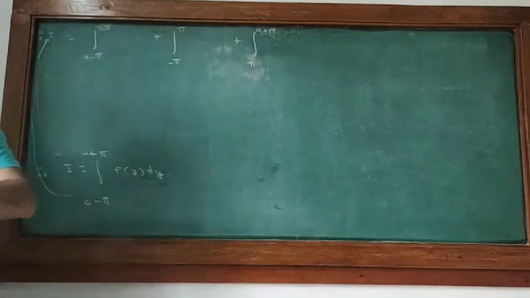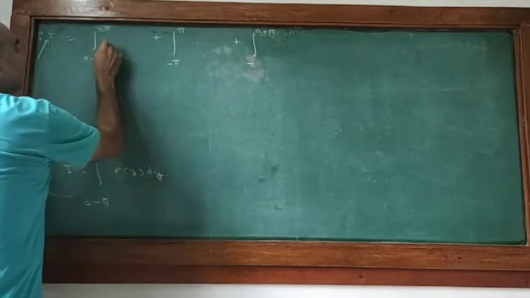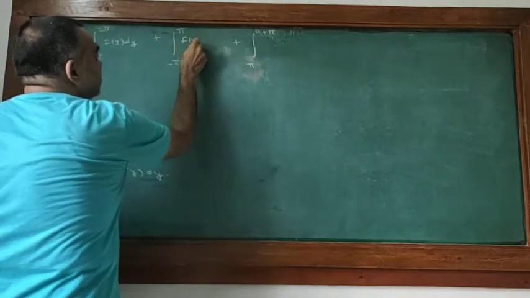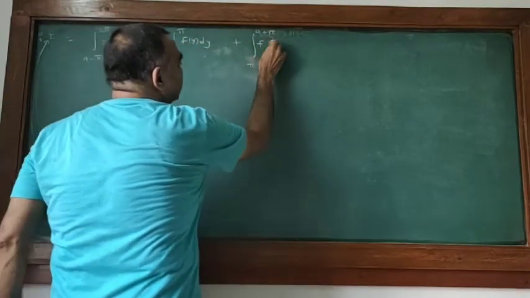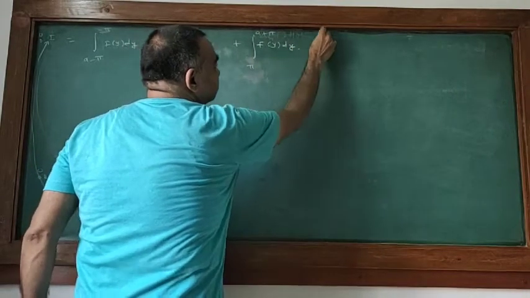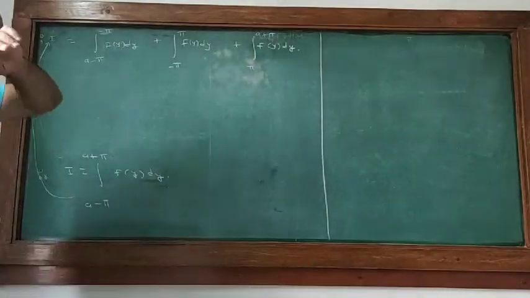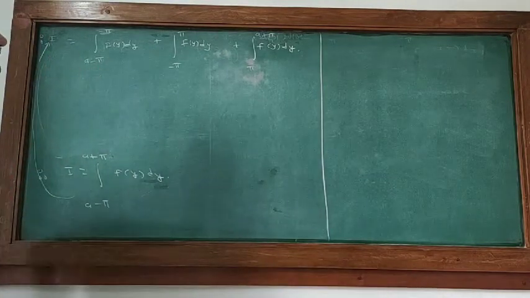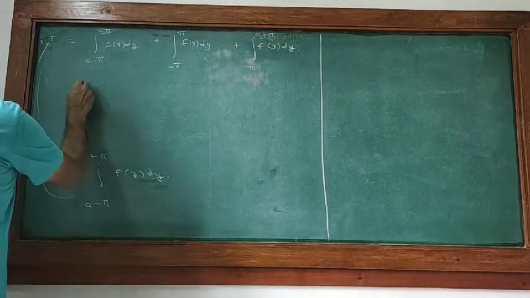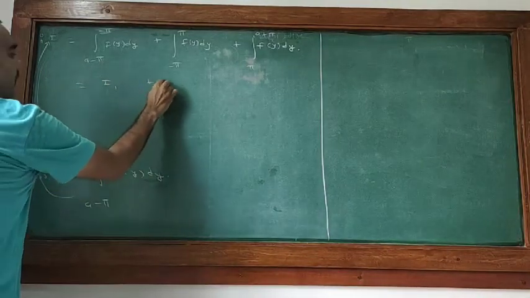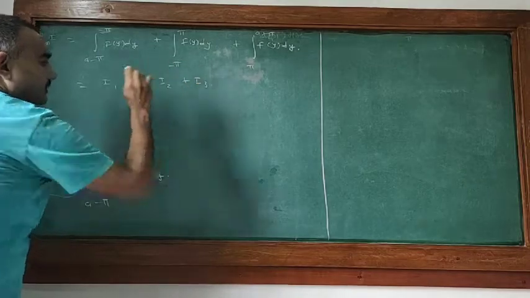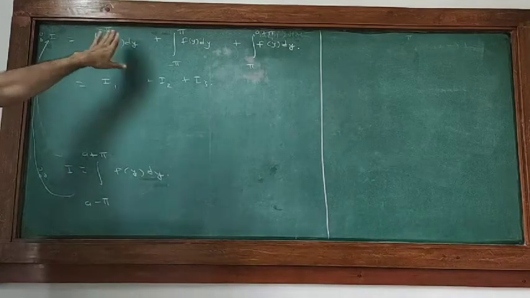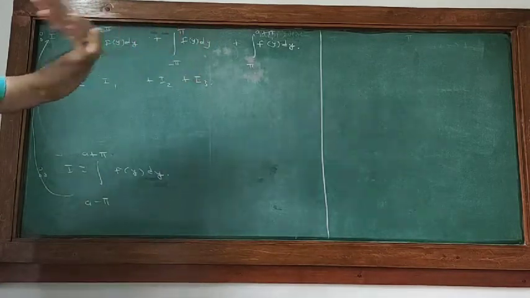I think you understand. Now I am writing the remaining part: f of y dy, f of y dy, f of y dy. Therefore, for simplicity, I write the 3 parts as I1, I2 and I3. The first one I1, second one I2, third is I3.